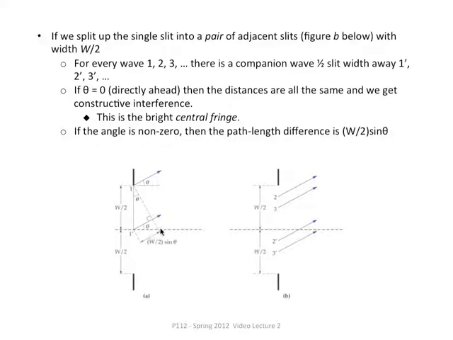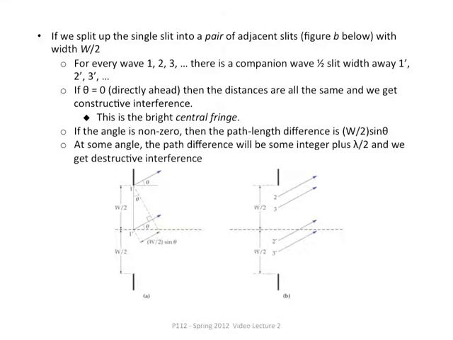If you work out this distance, it comes out to W over 2 times the sine of theta, where we have a right triangle here, the hypotenuse of the right triangle is W over 2, and this side, the opposite side from the angle, is what we're interested in. That's the additional distance that wave 1 prime travels relative to wave 1 if they're moving off to some distant screen off to the right again.